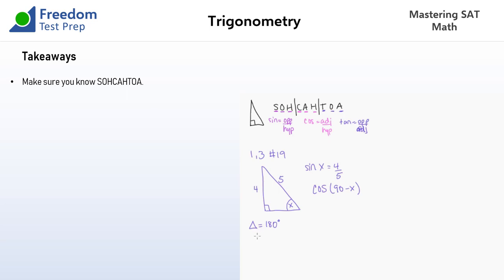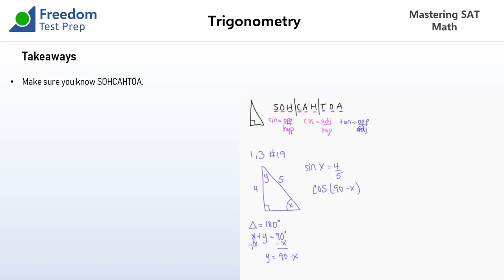So, is it fair to say that if we already have our 90-degree angle, let's label this other angle y, that angles x plus y are also going to be equal to 90 degrees, because 90 plus 90 is 180. Now we want to find out what 90 minus x is for our problem. So let's subtract out the x, and we get y equals 90 minus x.